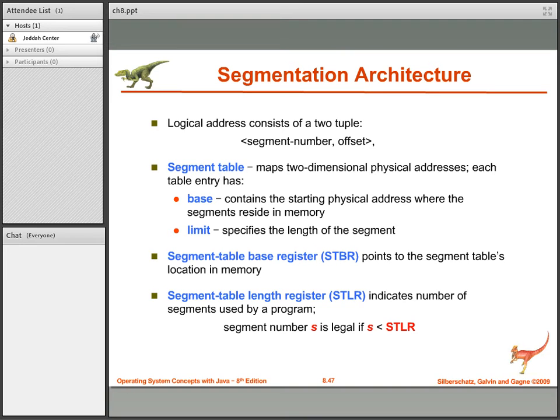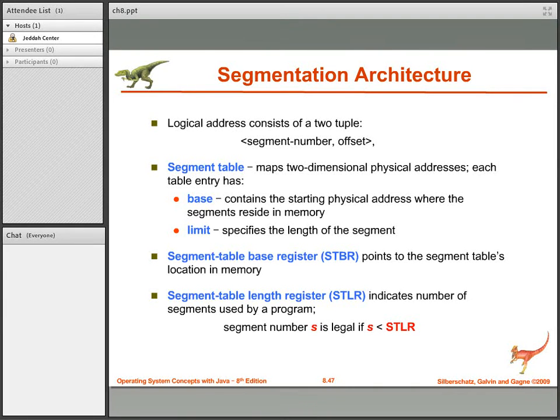The segment table maps the two-dimensional addresses to physical addresses, and each table entry has a base containing the starting physical address where the segments reside in memory, and a limit as before, which specifies the length of the segment. There is a segment table base register that points to the segment table's location in the physical memory.